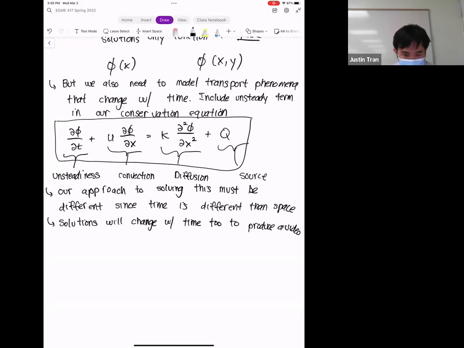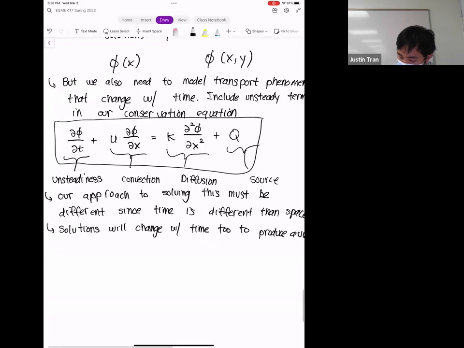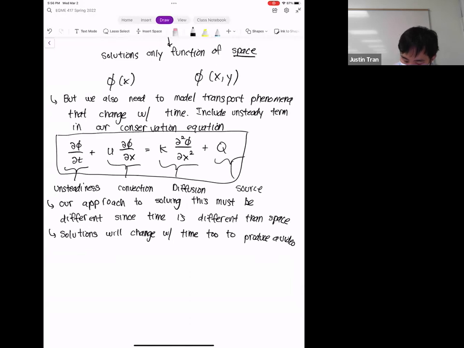And also just a little bit more terminology, we're going to need some new conditions as well. Whereas before, we only worked with boundary conditions, boundary conditions are only applied in space. But since we're going to be solving problems in time, we're also going to need initial conditions.